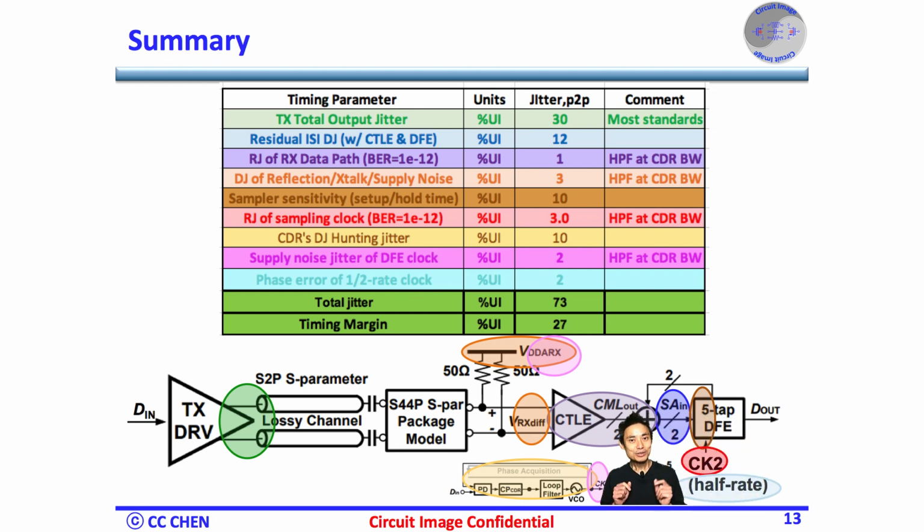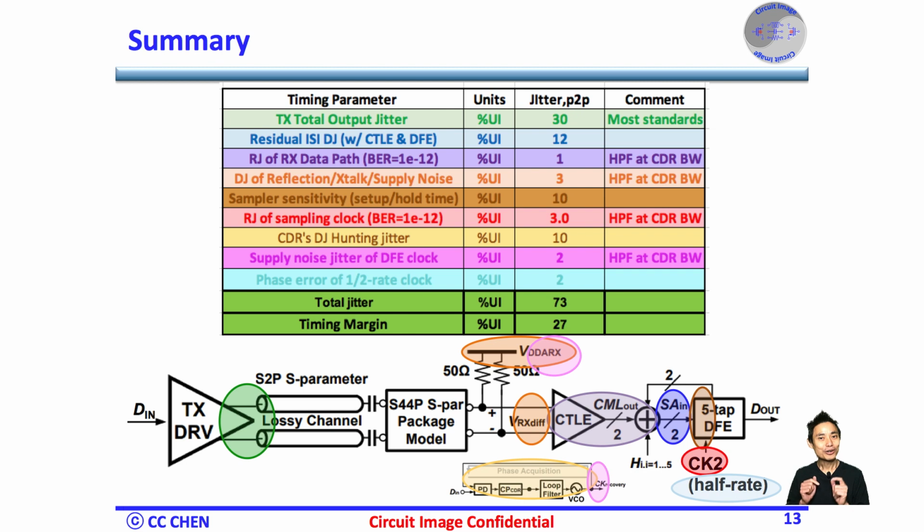Seventh, the intrinsic DJ of the sampling clock from the CDR's hunting jitter of tracking behavior or supply noise introduced jitter would be 12% UI in total. Lastly, most people apply multi-phase half-rate clock or quarter-rate clocking, and the residual phase error could be 2% UI after phase calibration to reduce eye width further.